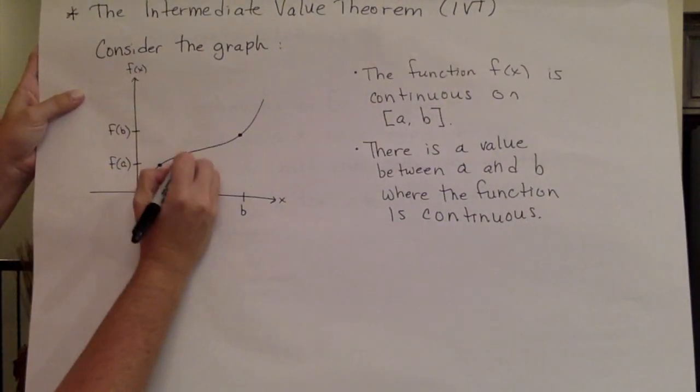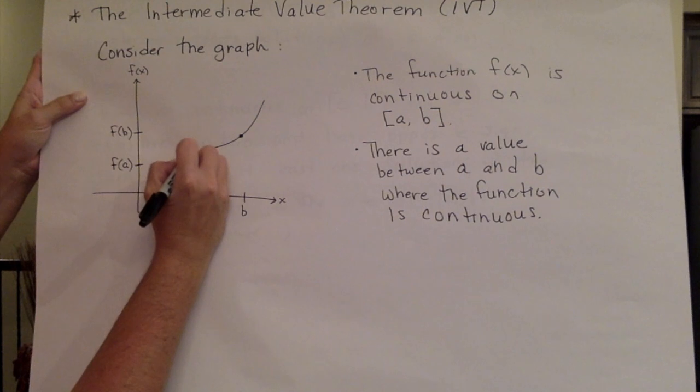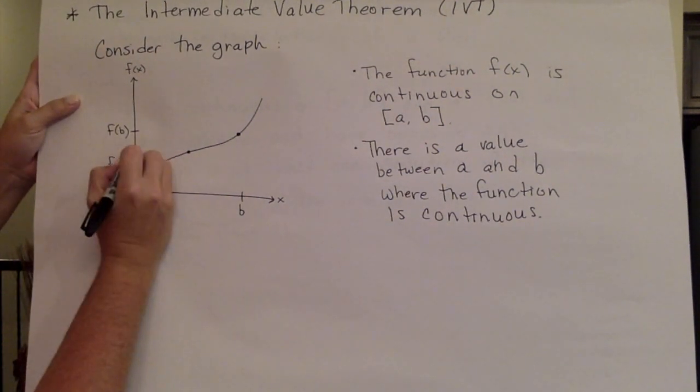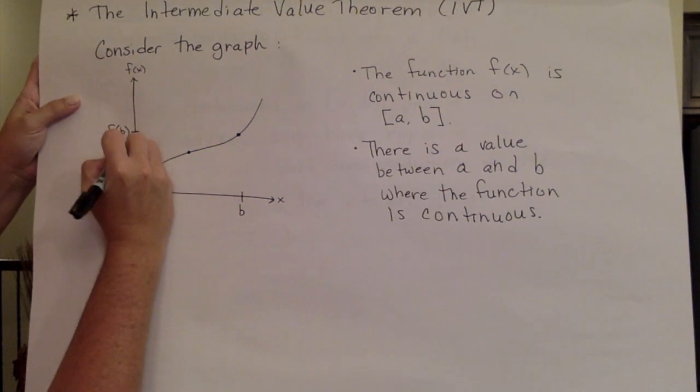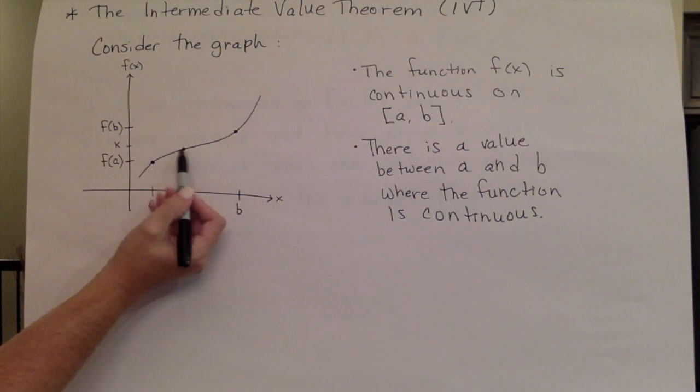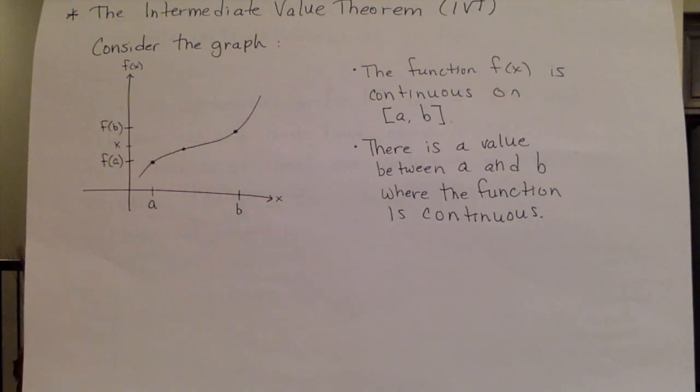And maybe we're going to give it another little dot up here, and we're going to call that, over here on the y-axis, k. Okay, so k is just some value of y on the graph between a and b.